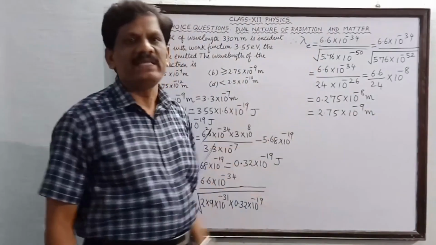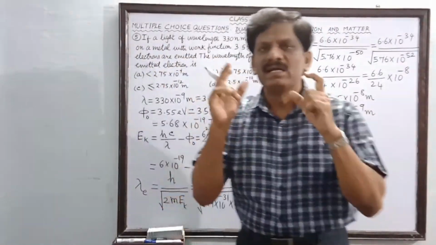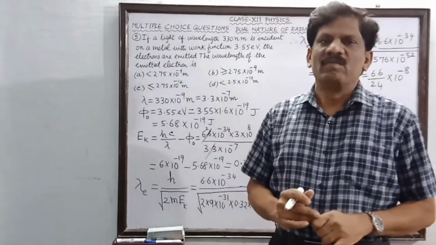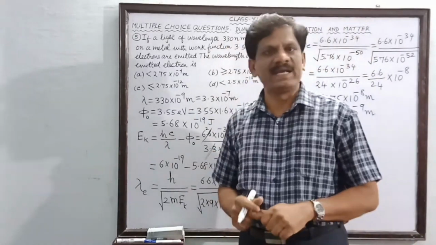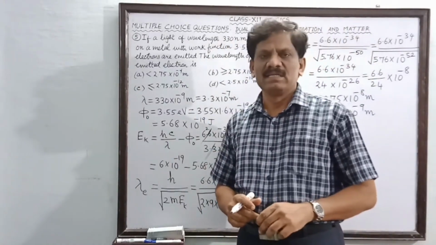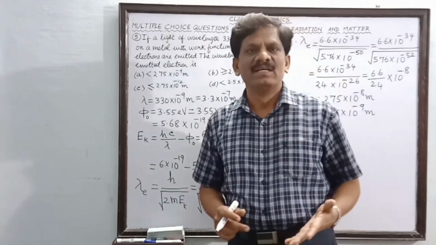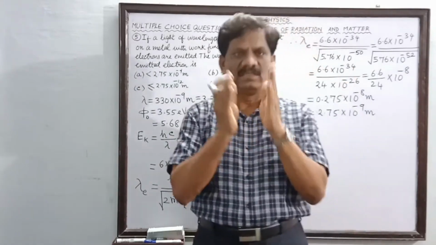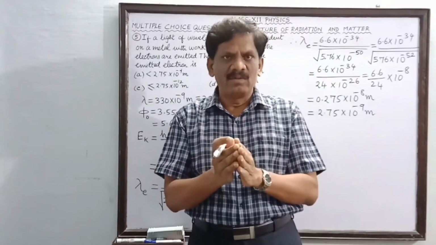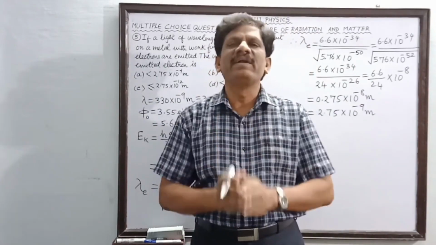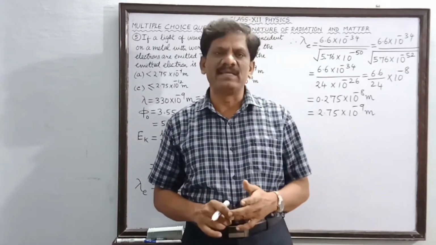So what is lambda e here? That is the de Broglie wavelength of the emitted electron. What is the incident wavelength given in the problem? 330 nanometer. Okay, students. Now, do you remember what is the threshold frequency? Threshold frequency is the minimum frequency of the incident radiation below which no emission of electrons will take place.